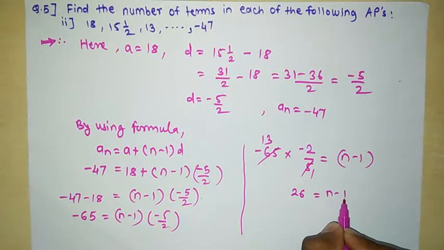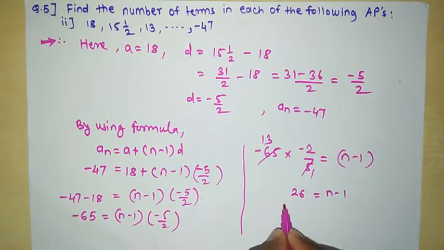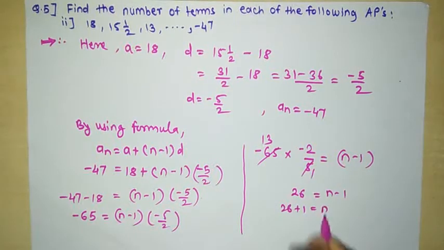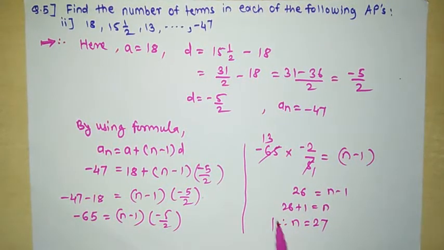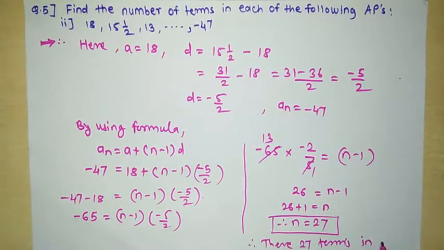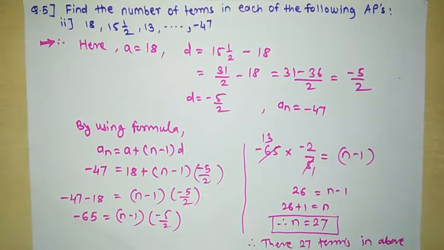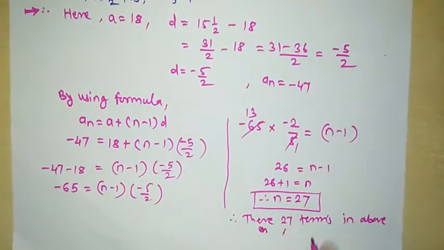Now send this minus 1 towards the left hand side, it will become plus. 26 plus 1 is equal to n. Therefore n is equal to 27. Now here 27 terms are there. Therefore there are 27 terms in the above AP.